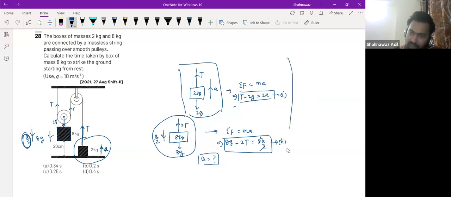Right, we have two equations. One is T minus 2g equals 2a. Let me check this again. So yes, this was T minus 2g equals 2a. And then this was 8g, so m into a, 8 into a by 2, so 8g minus 2T equals 4a. So these were two equations, right?